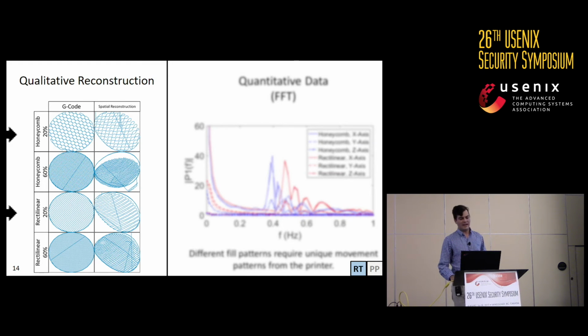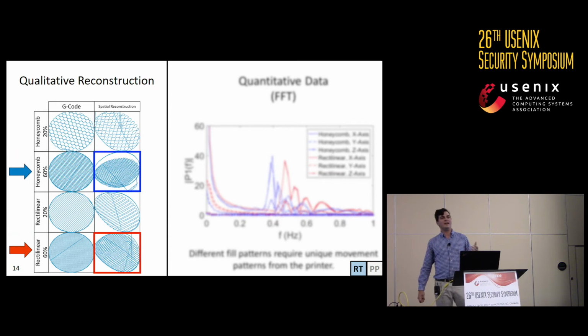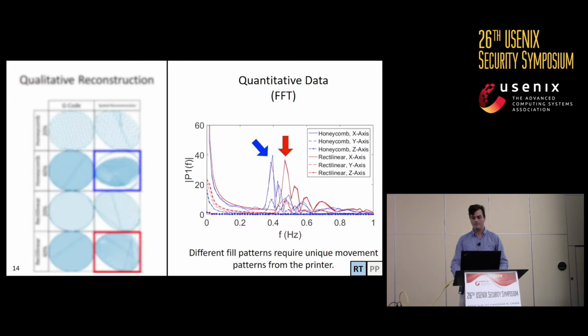If you take a look at the first and third rows with the low density, you can clearly see the difference between a honeycomb fill and a linear fill. That's pretty easy. Furthermore, you can easily see the difference between a low density and a high density. Where the quantitative comes in is when you're looking at high density fills and it's difficult to tell with the human eye what your fill pattern might be.